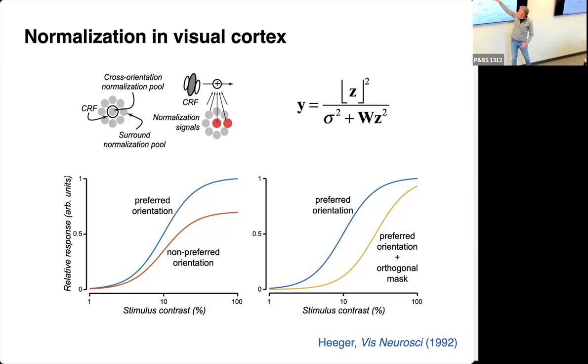For a non-preferred orientation, it just scales down, maintaining the ratio of the responses throughout. And when I superimpose a second stimulus component or an additional feature, that doesn't drive the numerator, but it still drives the denominator. So that's going to shift the curve. And now you can see, for whoever asked that question earlier, sigma is literally the semi-saturation contrast.